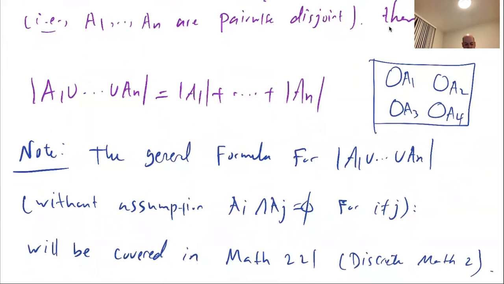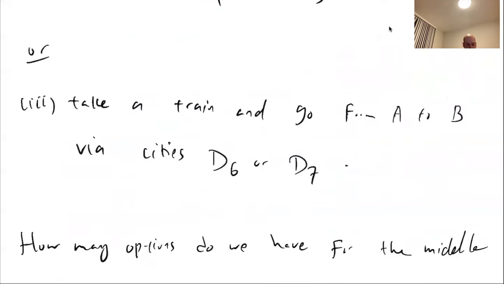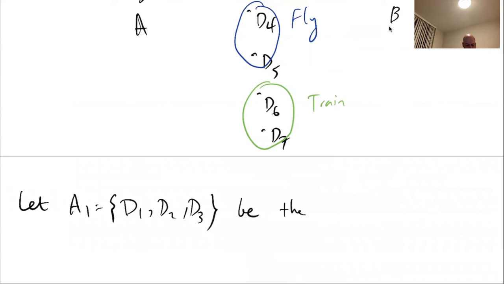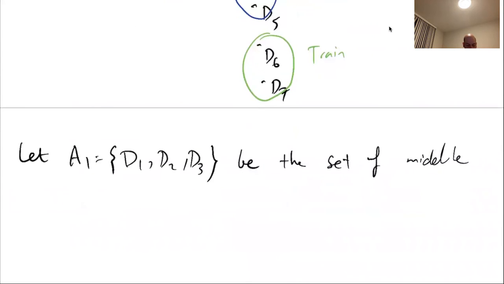So if you want to use this notation, let's define our sets, because first we need some sets and then we take the union. So let A1 equal D1, D2, D3, be the set of middle cities if we drive.